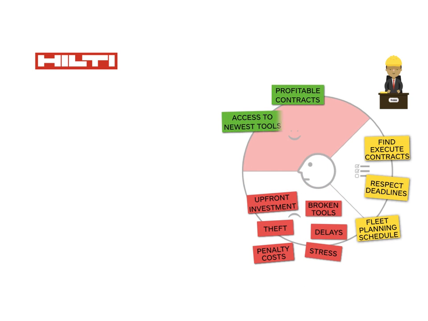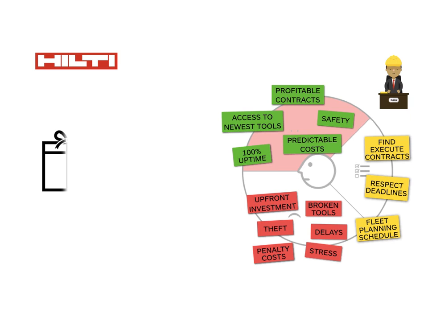Now, that CEO is hoping to find profitable contracts. He wants the safety of his workers. He wants access to the newest tools. He wants the cost for his tools to be predictable, and he wants 100% uptime on a job site.